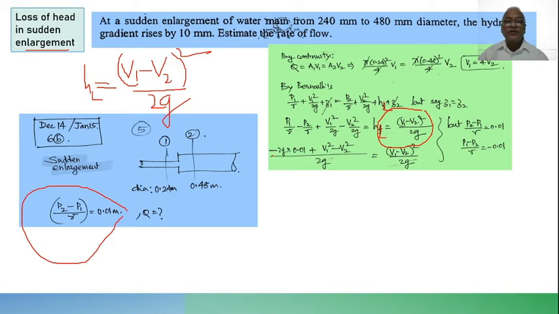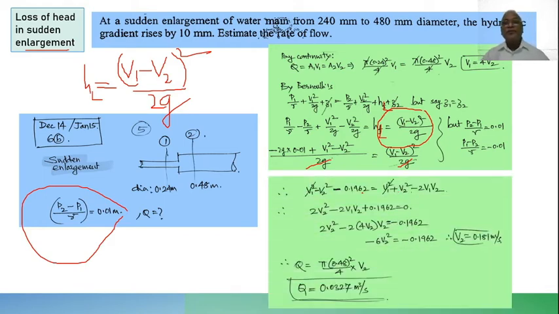The LCM is 2g, so 2g gets multiplied by plus V1 squared minus V2 squared equal to (V1 minus V2) squared by 2g. So this 2g cancels off now here. Then further simplification. V1 squared minus V2 squared minus 0.1962 equals this expanded V1 squared plus V2 squared minus 2V1V2.